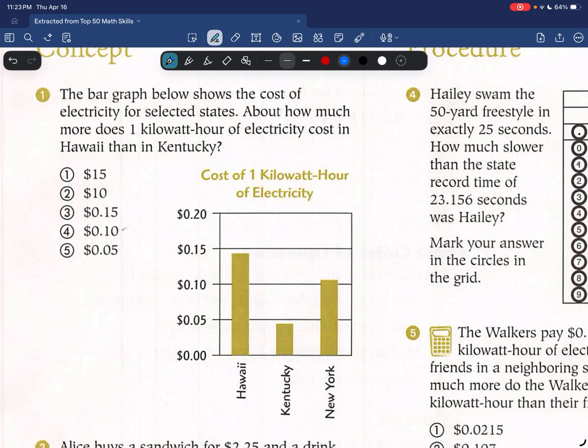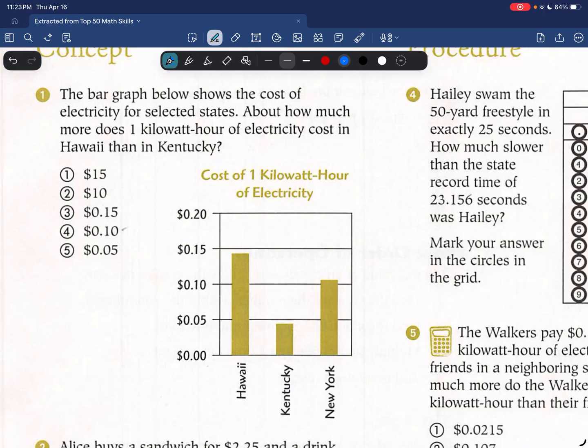Each time you go up a line, you're adding a nickel to the cost. So Hawaii is very close to 0.15. Kentucky is very close to 0.05. And New York is a little bit over 0.10.